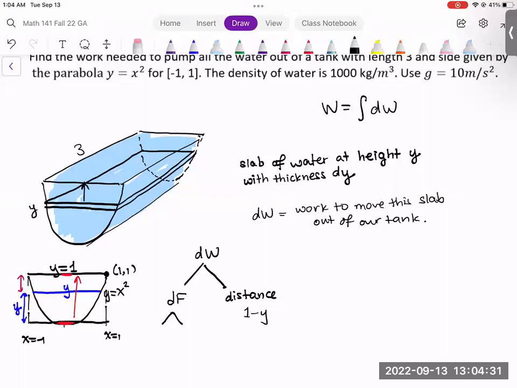So our mass here is something small, and we're multiplying it by the size of gravity. So 10 meters per second squared. Notice this is going to be positive, opposing gravity.